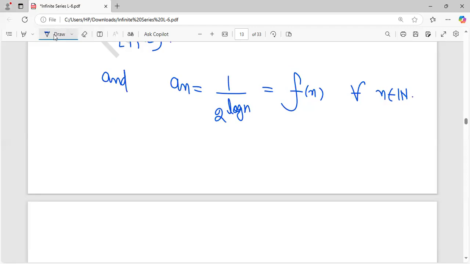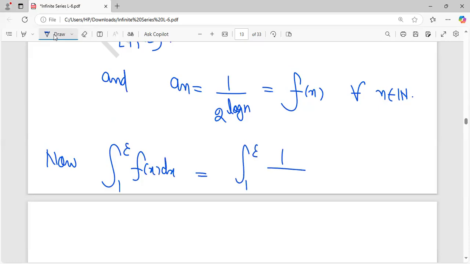Okay. Now, what is the integral from 1 to epsilon of f(x) dx value? It is the integral from 1 to epsilon of 1 upon 2 to the power log x dx.